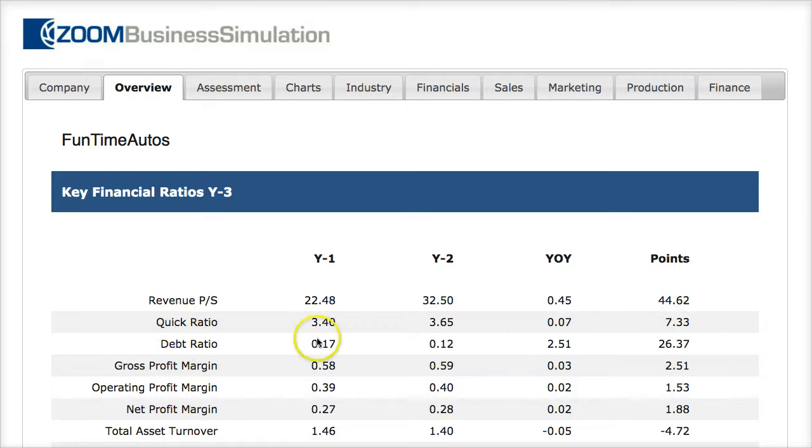Now my quick ratio and debt ratio, my quick ratio here went up, so that means I have more short-term current assets, went up by 7 points, and my debt ratios went down. So when your debt goes down, that's good, and I decreased my debt by about 26%. Even though this is not calculated right here, but this is calculated correctly.